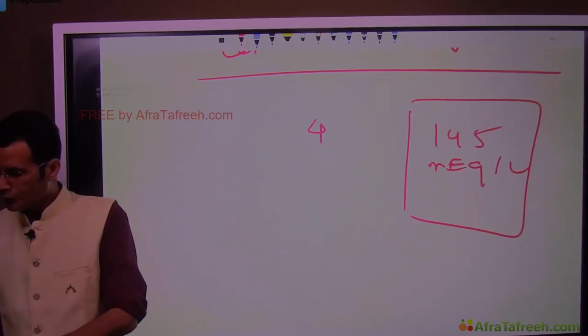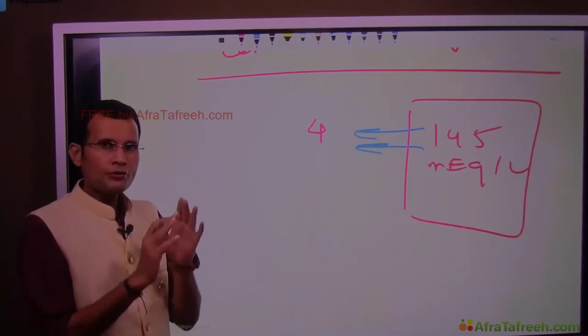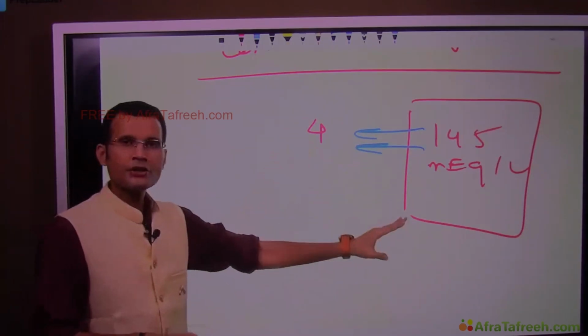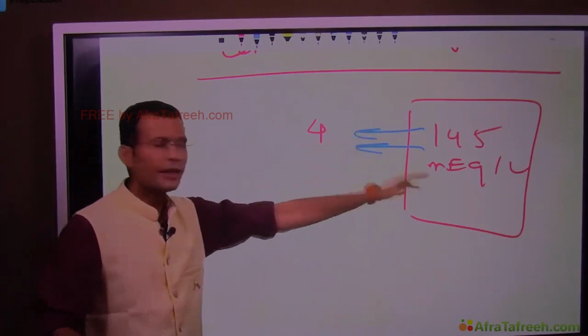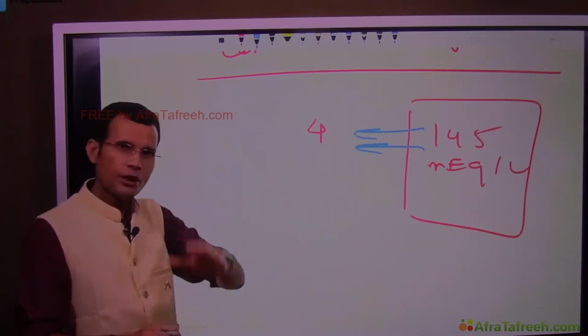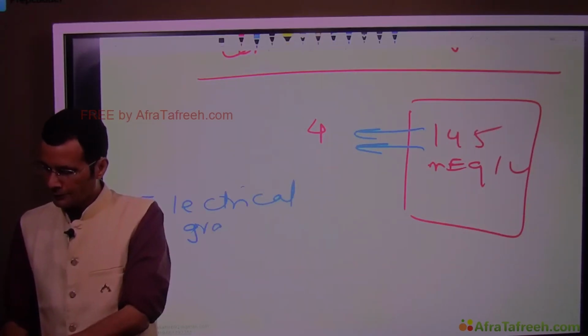In the ECF it's low. So by concentration gradient, potassium will diffuse outward, from inside to outside. But then what about the electrical gradient?